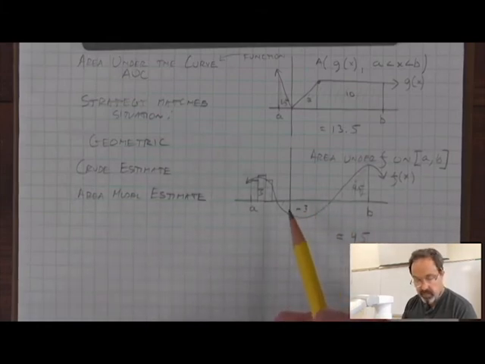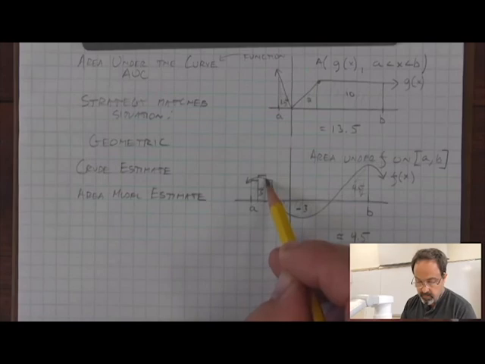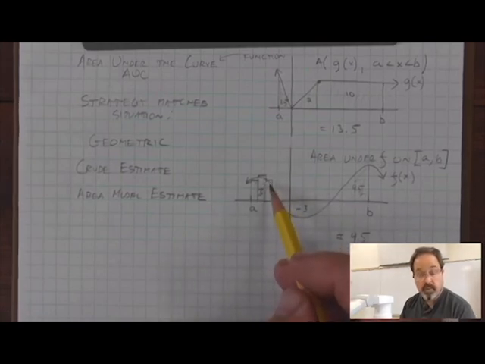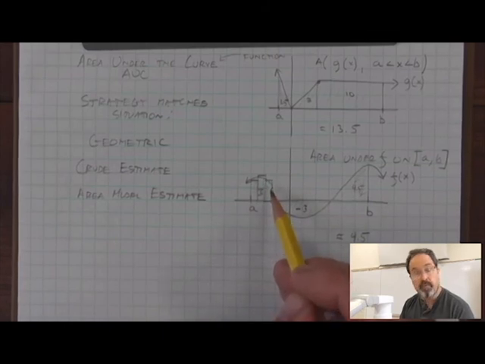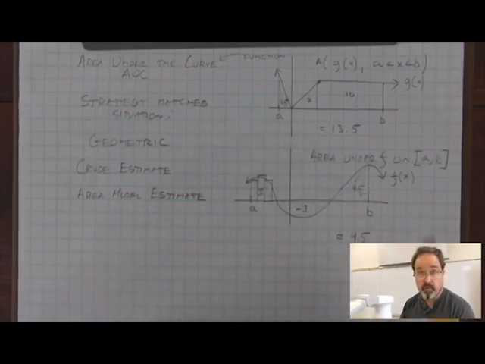But the rectangle method is still going to be an estimate, because every time we make a rectangle, we're going to have a little bit that is over or under the actual function curve. And the amounts that the rectangles are over and under is called an error. The sum of the rectangles is certain to be a little bit off of the exact area.